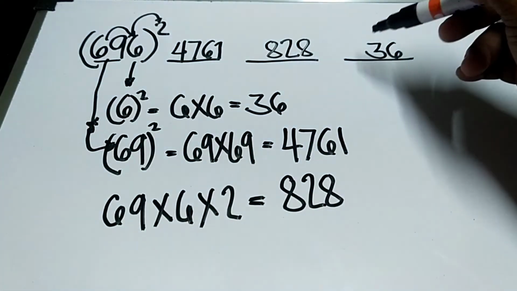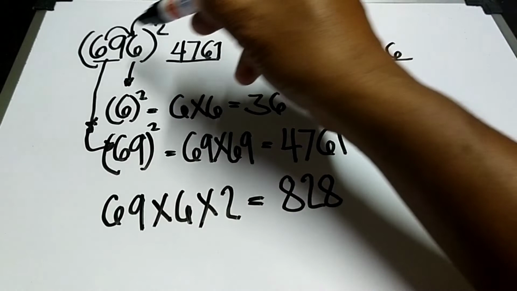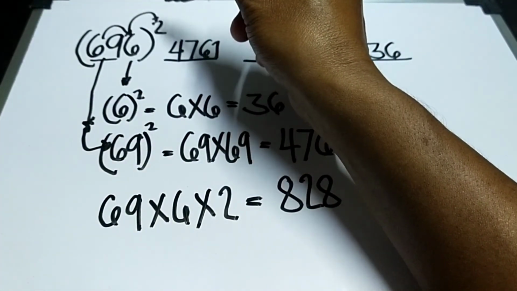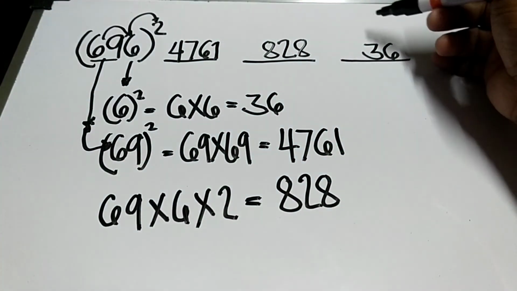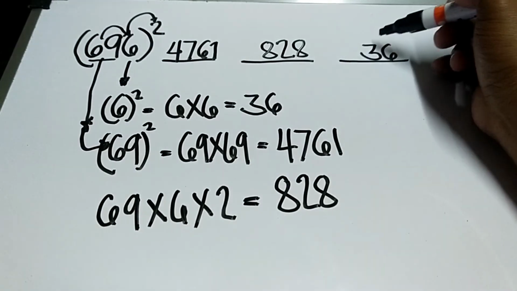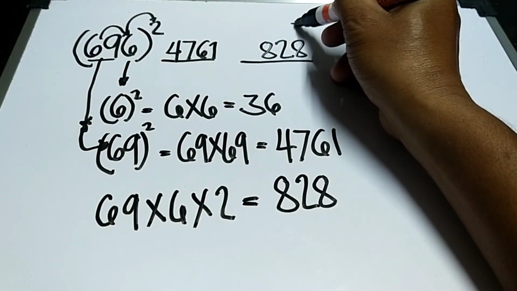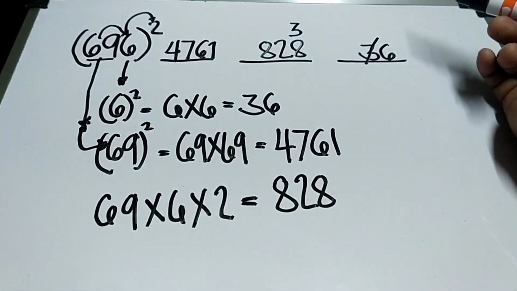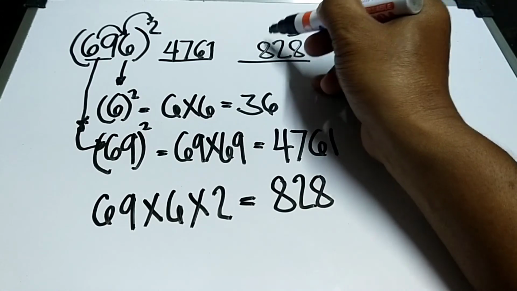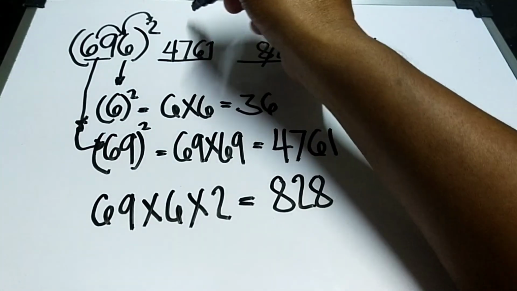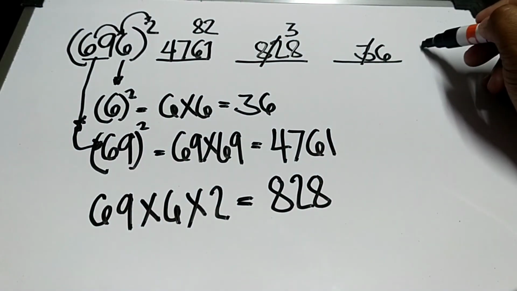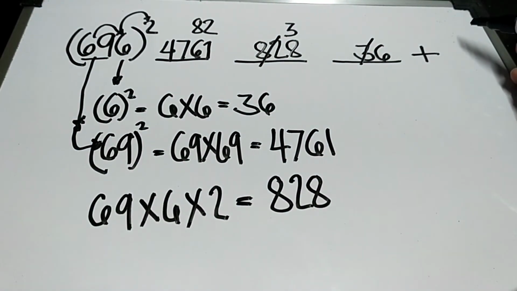Okay. So, 4761, 828, 36 is not yet the final answer of 696 squared. Okay. So, like what I did, I will carry over 3 here, then cancel out 3, then remain 8, 828 remain 8, carry over 82 over here. Okay, then proceed to addition.